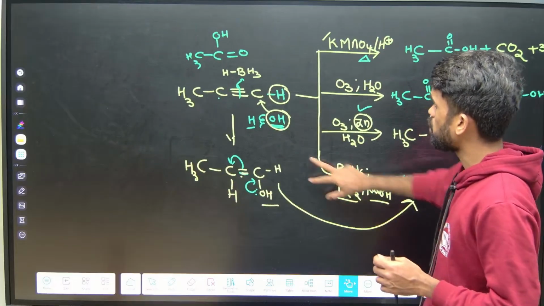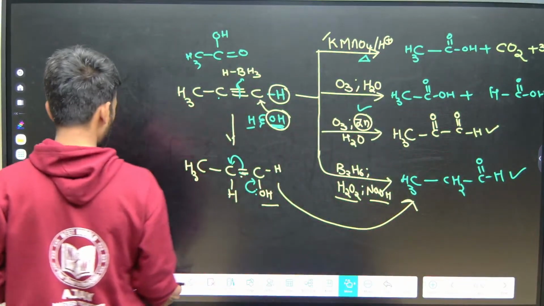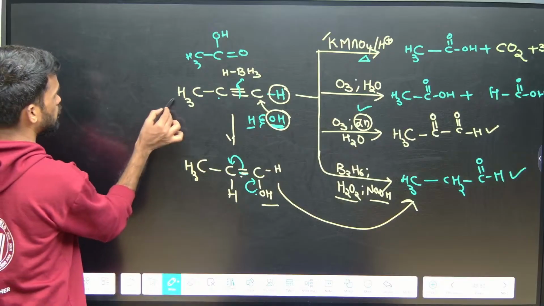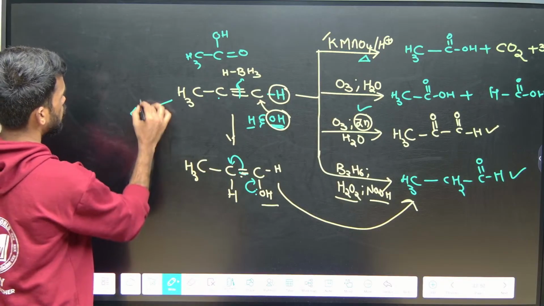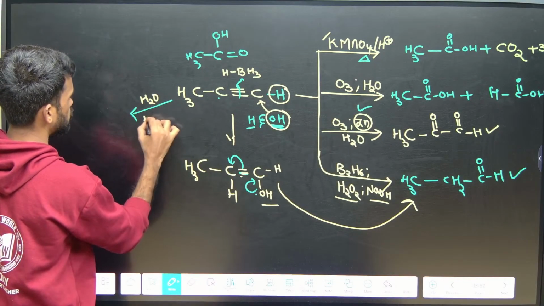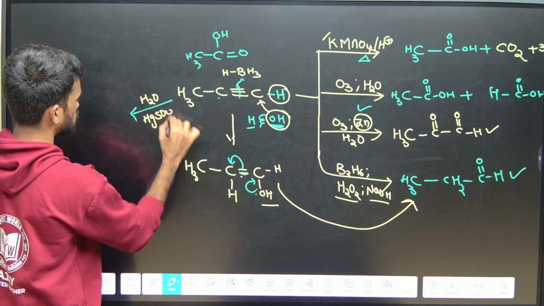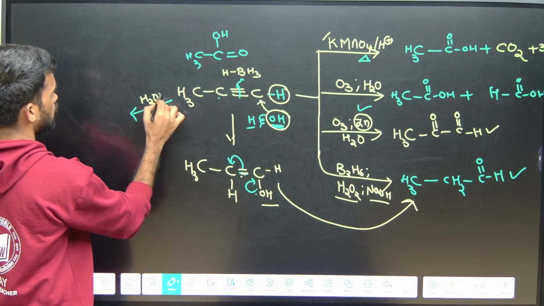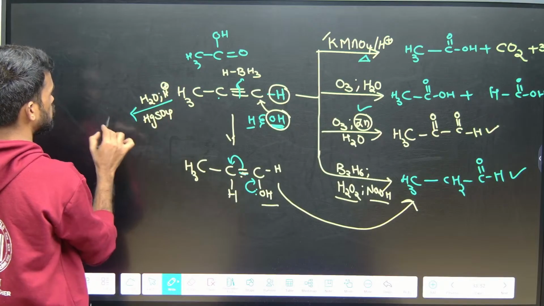To the same compound, I'm asking you one more question. Just tell me what your answer will be. You need to add water in the presence of HgSO4 and dilute sulfuric acid. What is your answer?